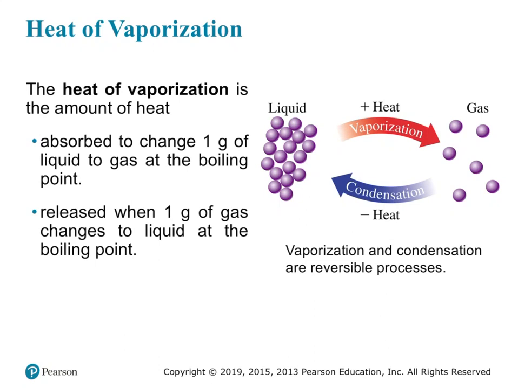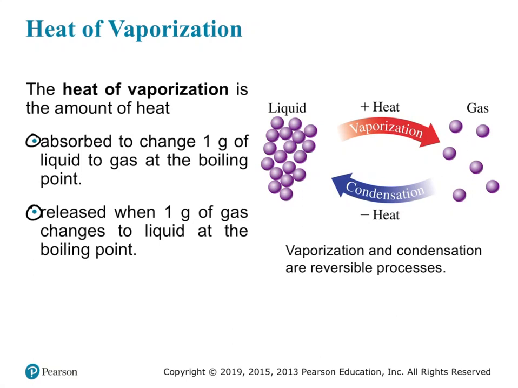So the heat of vaporization is the amount of heat that's absorbed to change 1 gram of liquid to gas at the boiling point. It's also the amount of heat that's released when 1 gram of gas changes to a liquid at the boiling point.